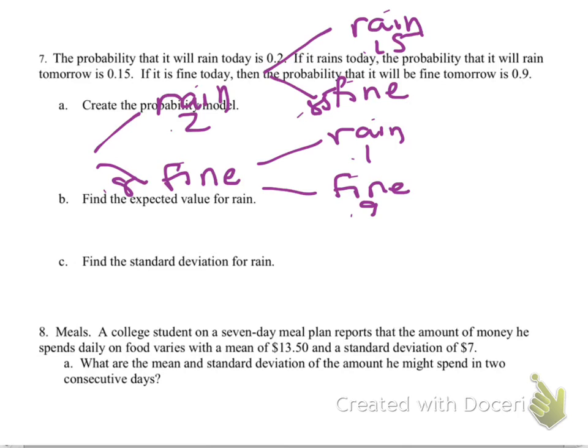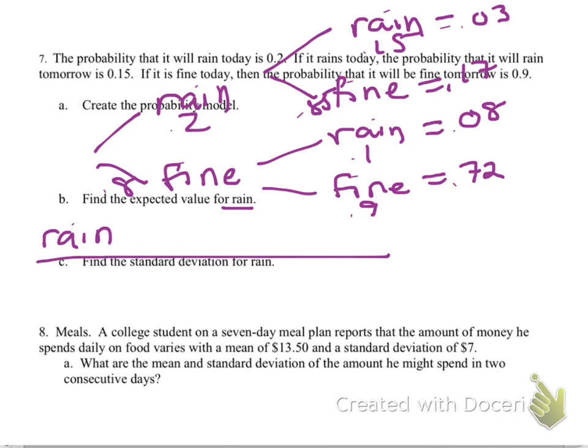Okay, so I'm going to go find the probabilities. Okay, so I found the probability, so let's go make the probability model. Now, I don't have room here, and it's for rain, so I'm going to do rain, and the probability that X is equal to x. So either we will have no days of rain, 1 day of rain, or 2 days of rain.